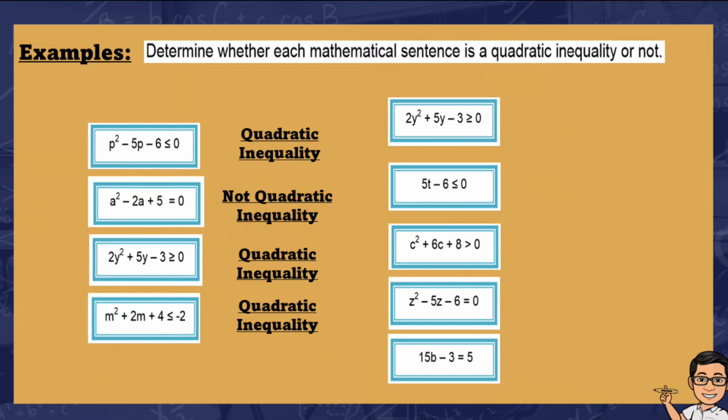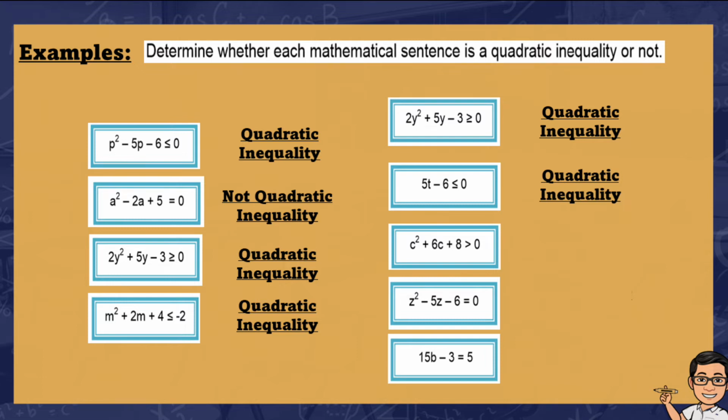Next, we have 2y squared plus 5y minus 3 is greater than or equal to 0. What's the answer? Okay, so that is quadratic inequality. Next, we have 5t minus 6 is less than or equal to 0. So, our answer here is quadratic inequality. Next, we have c squared plus 6c plus 8 is greater than or equal to 0?